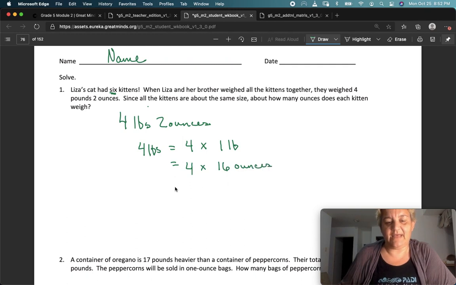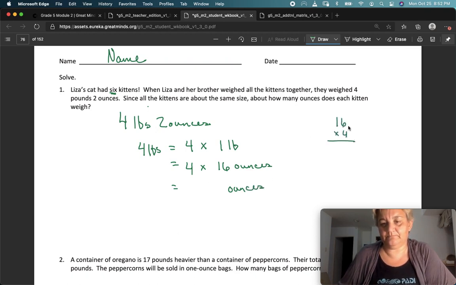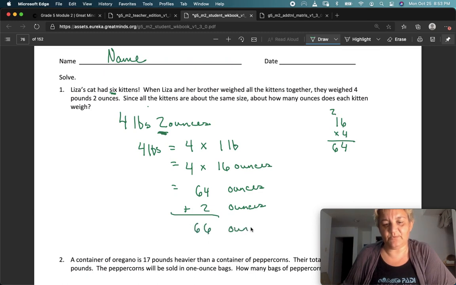Now I can just figure out how many ounces there are by multiplying 4 times 16, which is 64, but don't forget those 2 ounces right there. Now I want to add those 2 ounces, and that's going to give me 66 ounces, which is a really nice number.